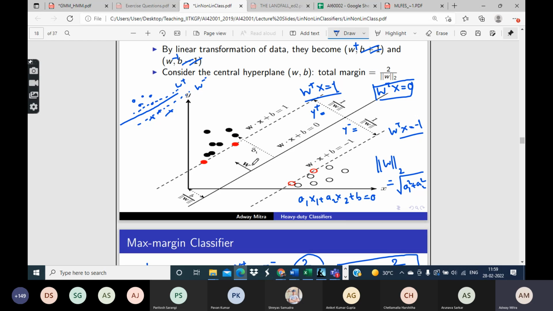So the equation for this line W plus is of course W transpose X equal to 1, and for this marginal classifier, its equation is W transpose X equal to -1.